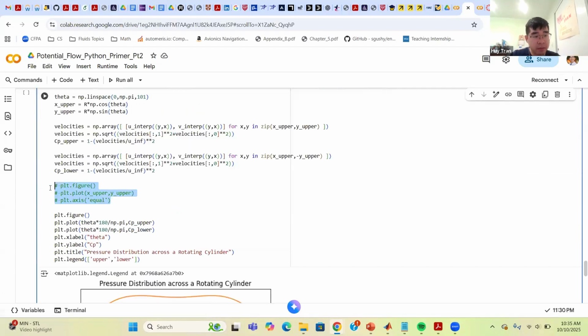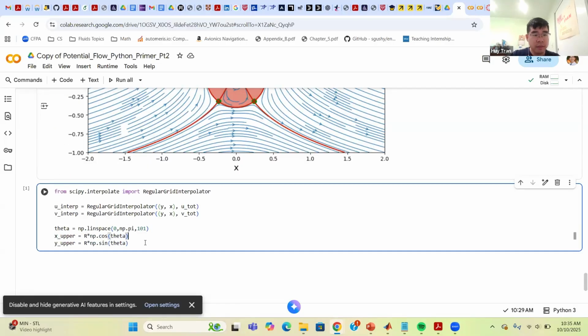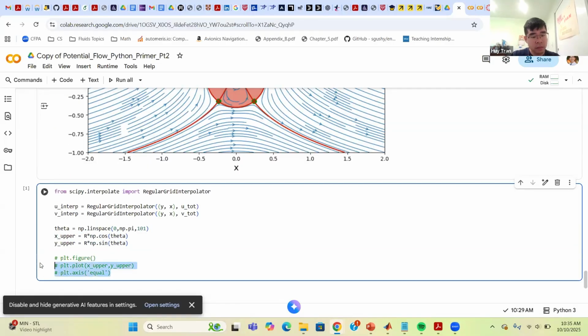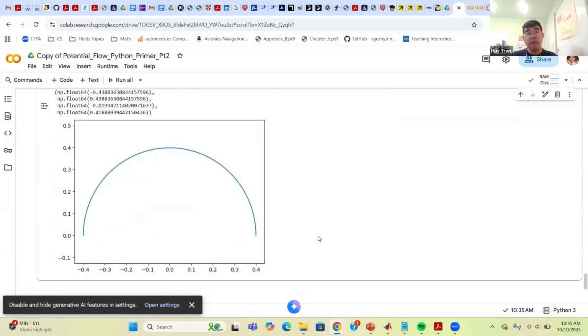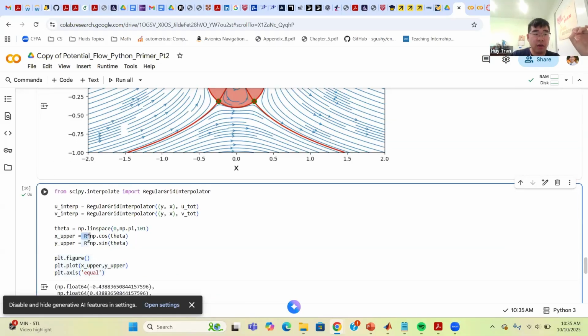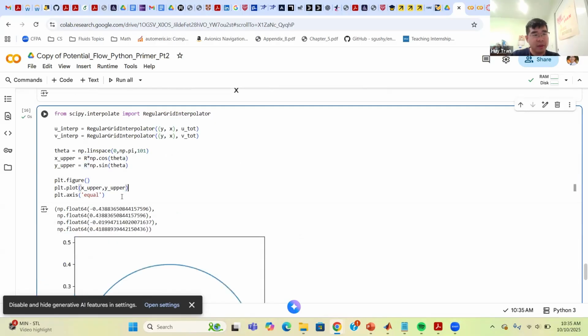And doing so gets me the following image here. That is the upper half of the cylinder, right? And r is the cylinder radius that we solved for earlier. So that's the only purpose of that part.